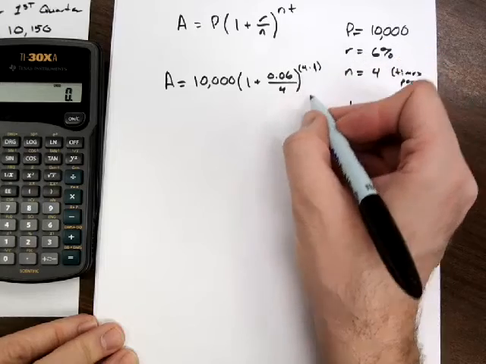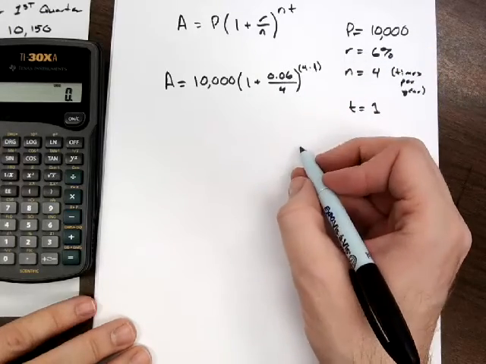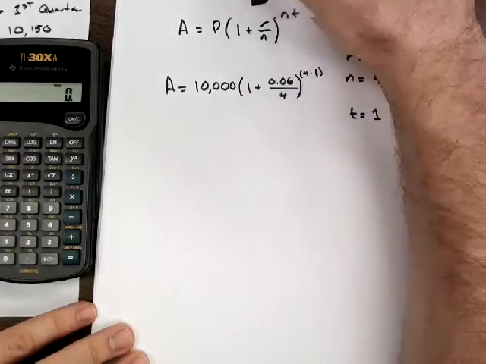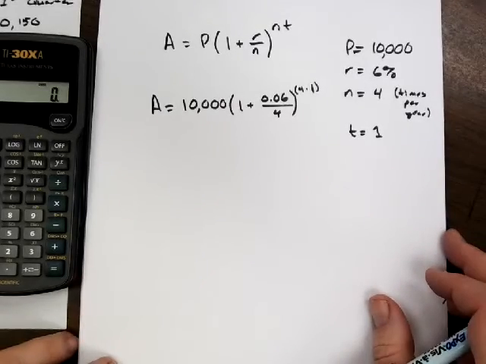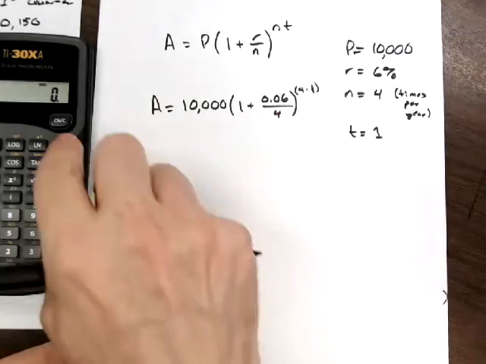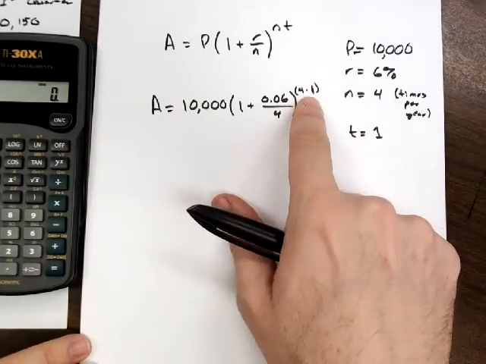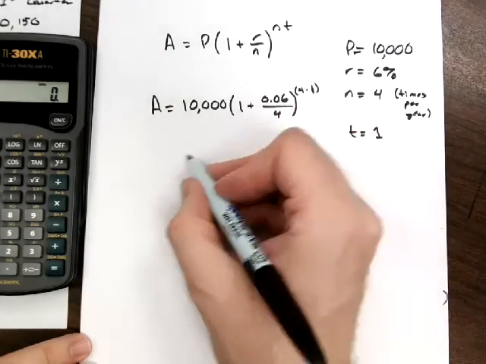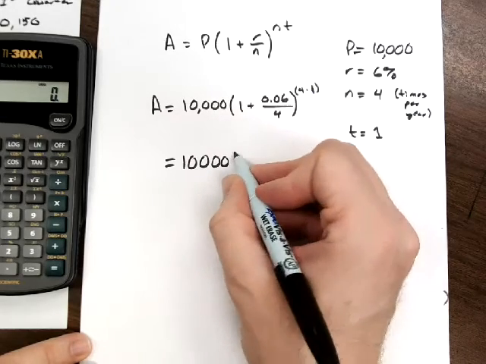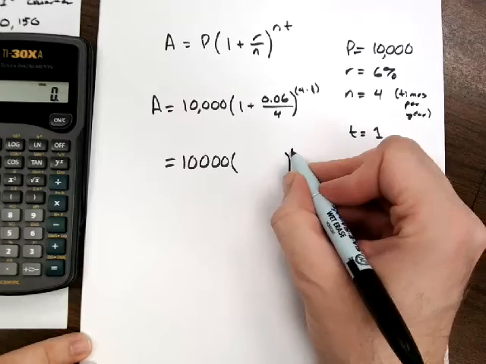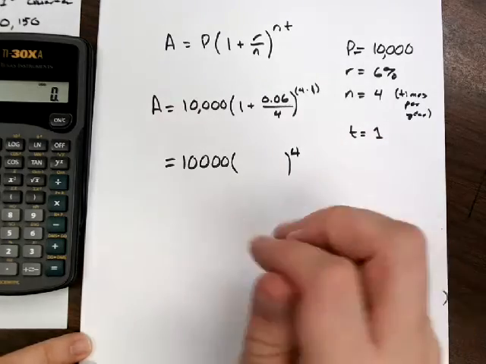I'm going to zoom in here. It's going to make it a little easier. I'm writing small. So let's figure out what happens. First of all, that 4 times 1 is just going to be 4. So I've got 10,000 times something in here. I've got 4 right there.